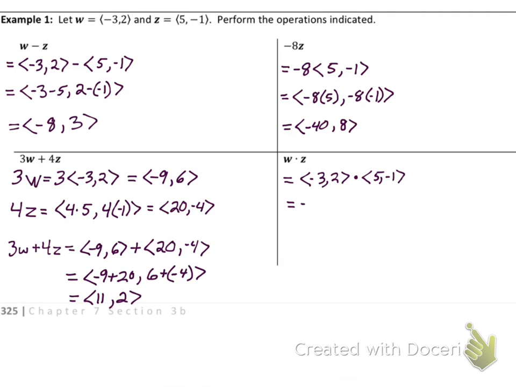Well, that's just going to equal negative 3 times 5 plus 2 times negative 1, which is negative 15 minus 2, which just equals negative 17. So our dot product is negative 17. Dot product always comes out with one number.